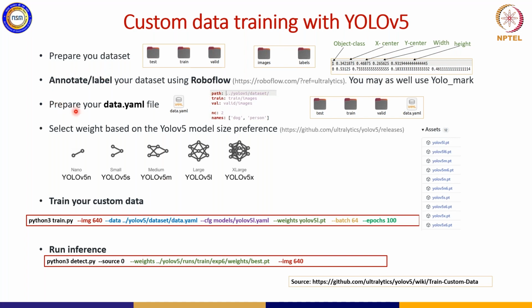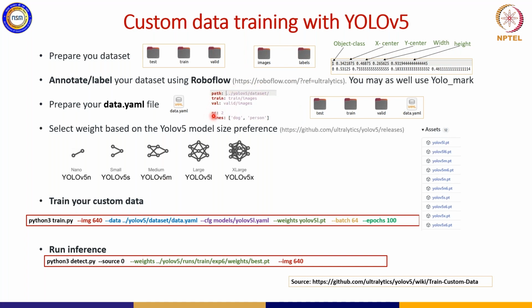Then the next thing to do is to prepare your data.yaml file. The data.yaml file is what you have here. So you have to add these parts, based on the YOLO folder you cloned, YOLO v5, then you include the dataset path. Then you will have your train and validation, so it will be train/images, and validation/images. Roboflow will help you to generate these.